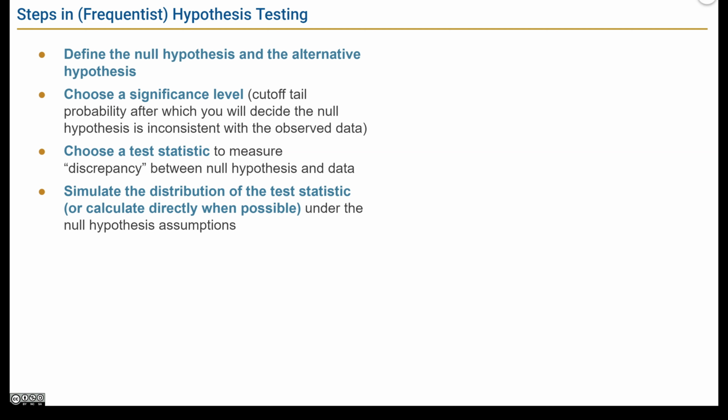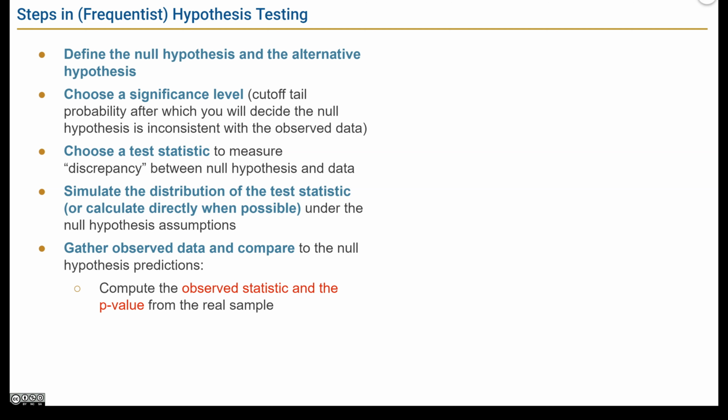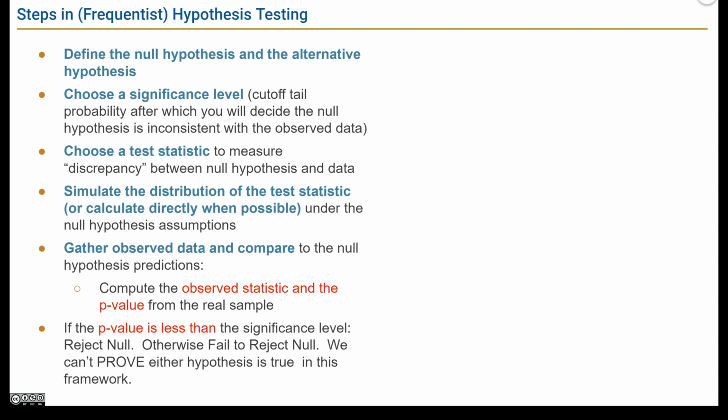Simulate, or calculate directly when possible, the distribution of the test statistic under the null hypothesis assumptions. Gather observed data and compare to the null hypothesis predictions. Compute the observed statistic and the p-value from the real sample. If the p-value is less than the significance level, reject the null, otherwise fail to reject the null.